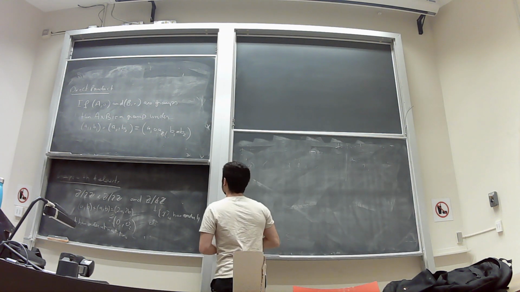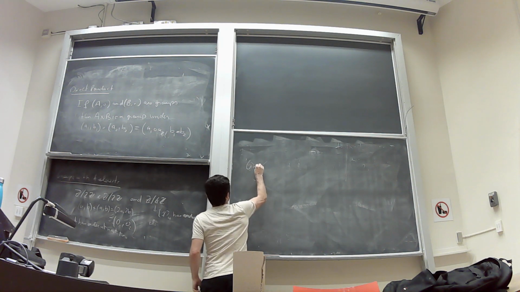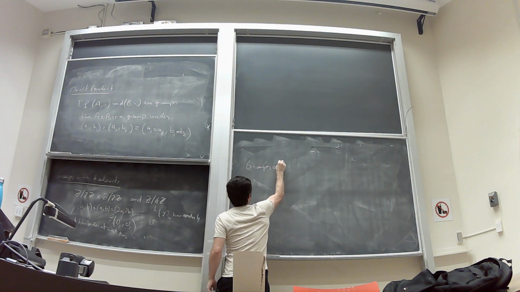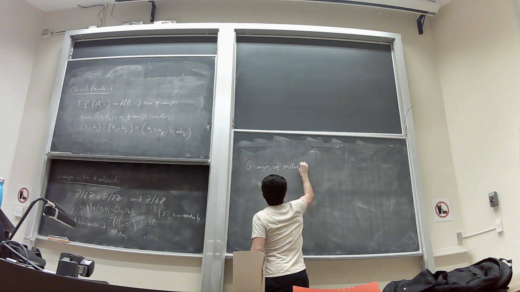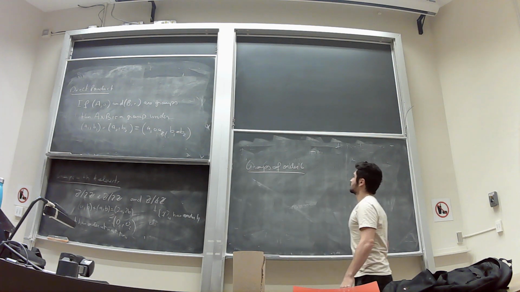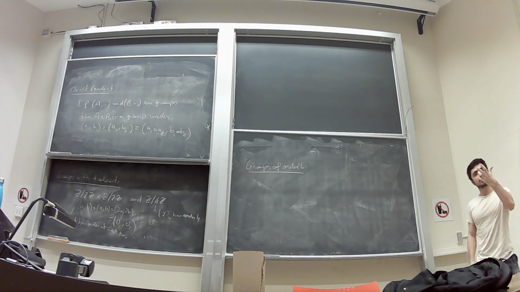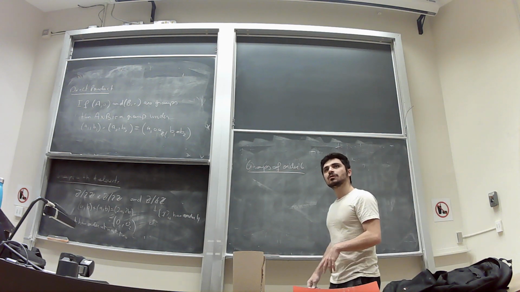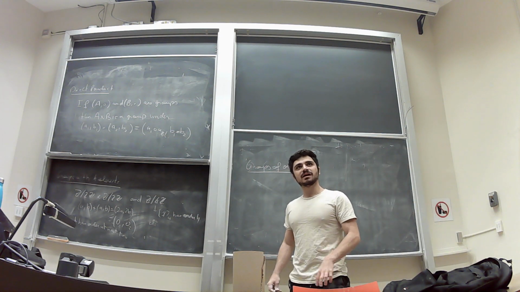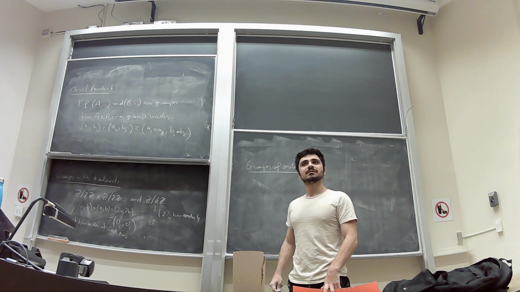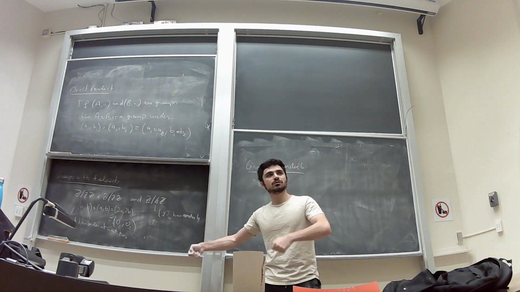Let's give another one: groups of order 6. How many groups of order 6 do we know? We know Z mod 6Z and S3, right? Are they isomorphic? Can you find a feature in one that is not in the other?